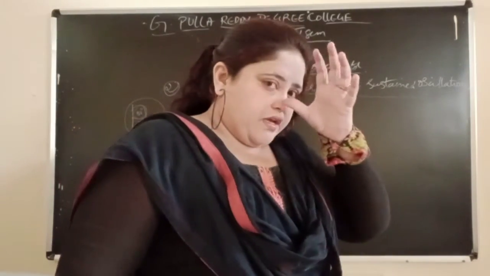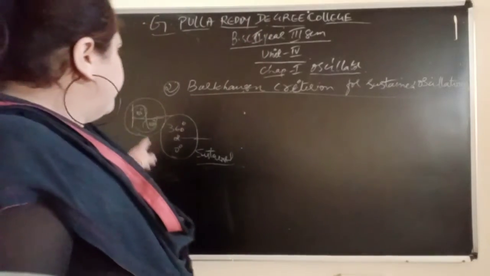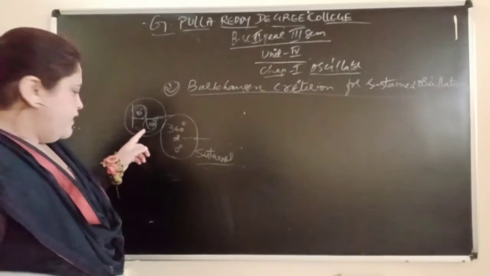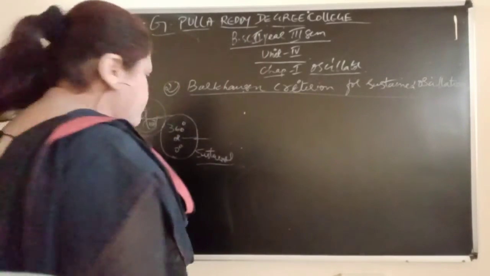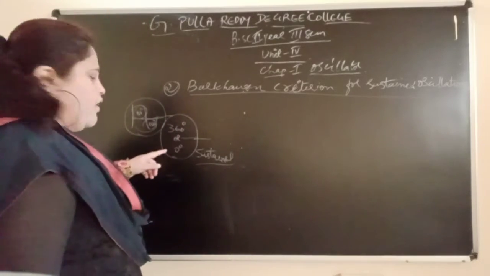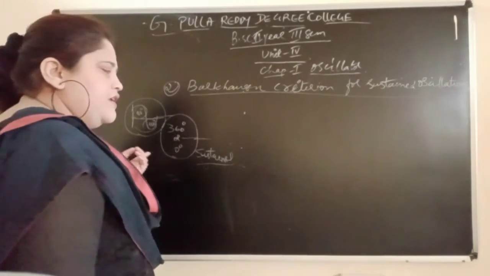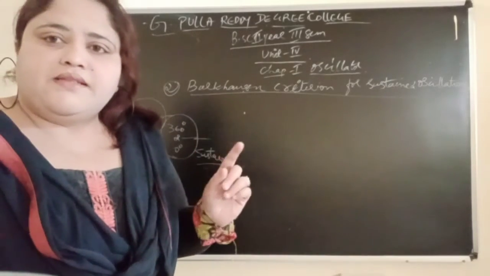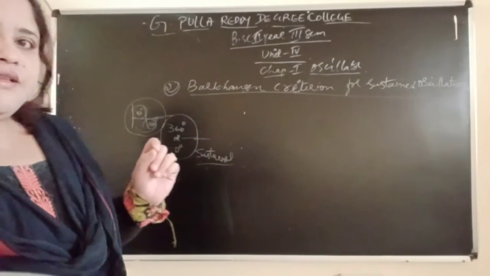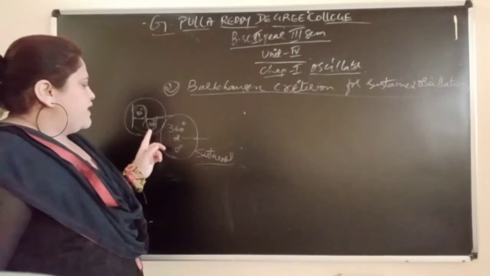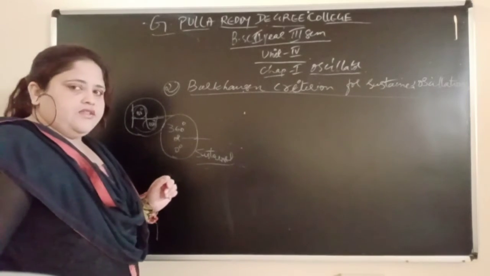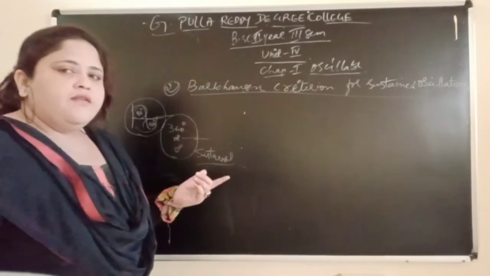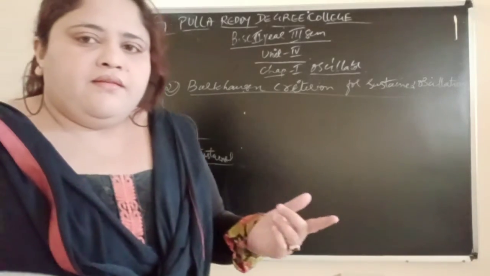Sine wave means 360 degrees: 180 degrees positive, 180 degrees negative. Or 0 degrees, which obviously means no waveform. So 360 degrees it should give. That is Barkhausen criteria for sustained oscillation, meaning it should form a total of 360 degrees.